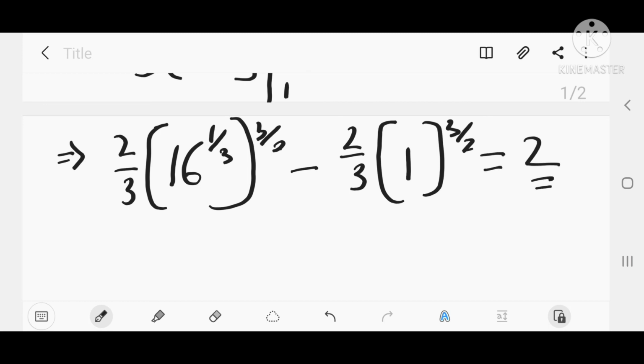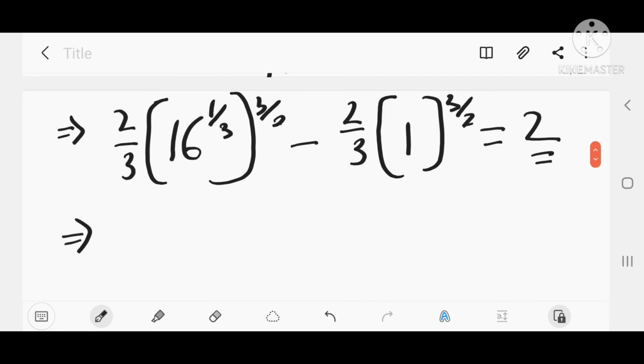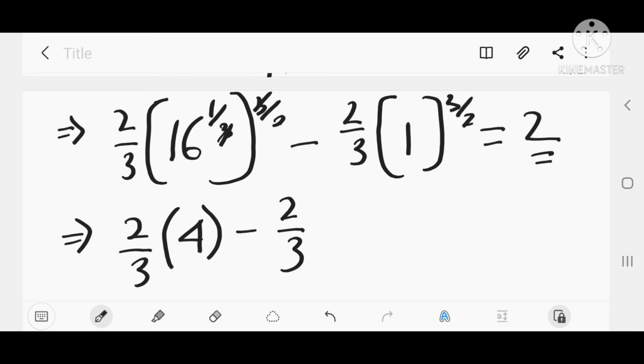So this implies that the 3 and this 3 cancel out, so we have 2 on 3. 16 exponent half is 4, so we have 4 exponent 3, which is 64, wait, 4 minus 2 on 3 times 1 exponent anything, and one exponent anything is 1. We still must get 2.